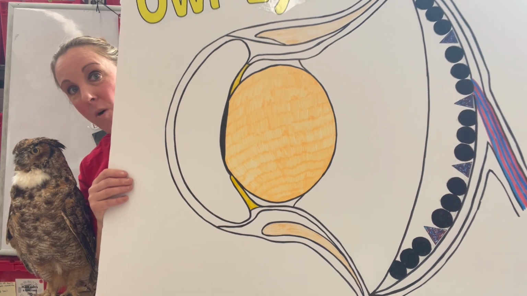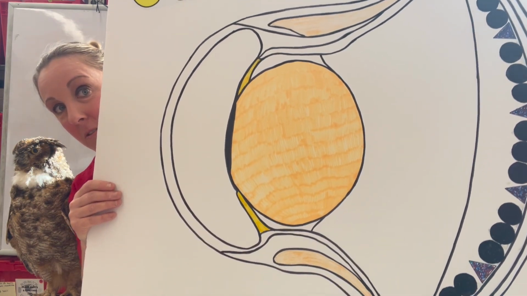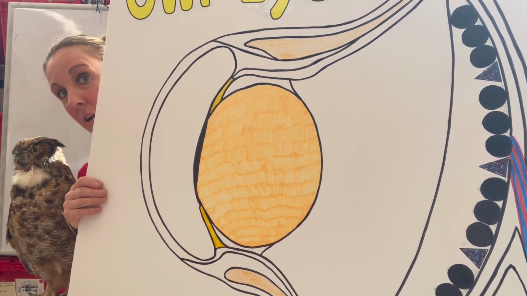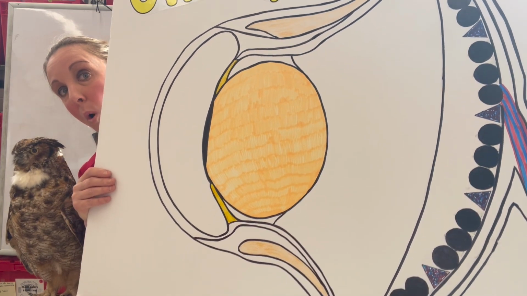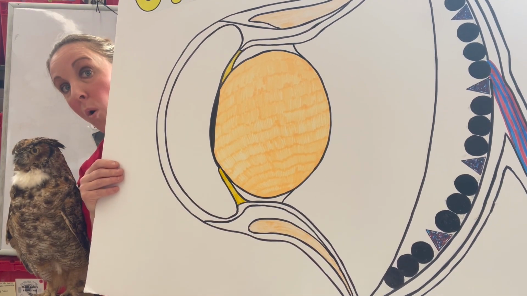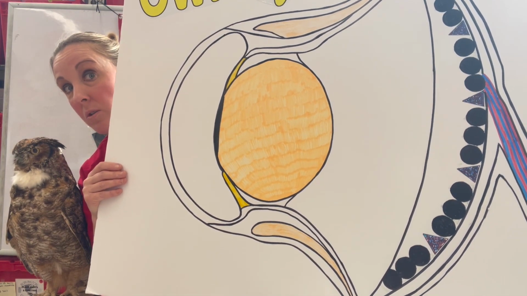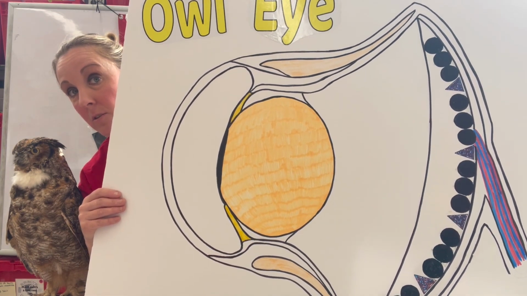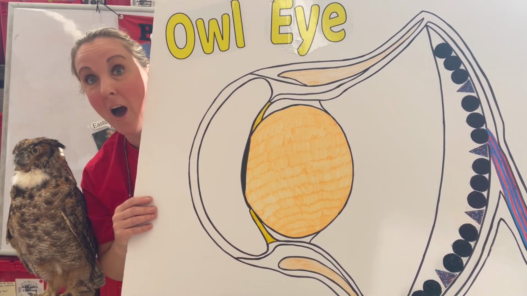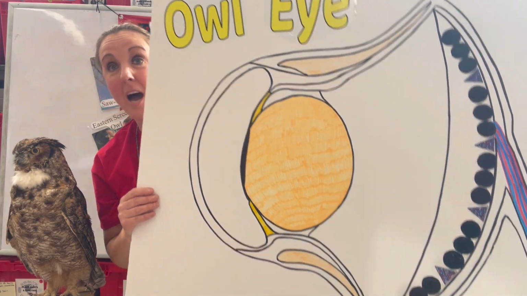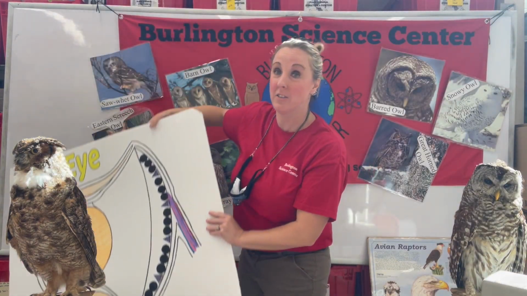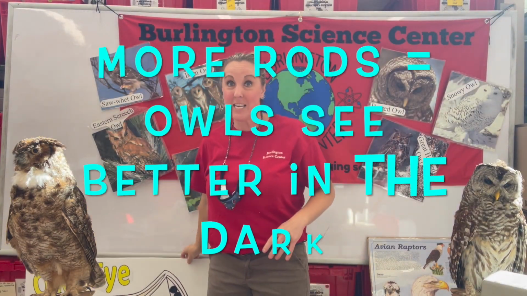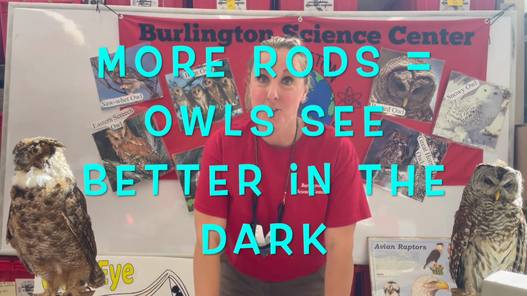And then what do you notice about the rods and cones? Are there more rods, or the circles, or are there more cones, which are the triangles? There are more rods. Now, having more rods, having those special cells in your eye, allows you to see better in the dark.